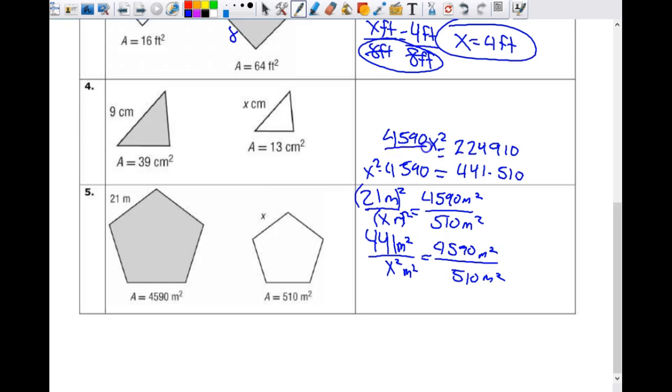Divide both sides by 4,590. When you divide them, it ends up being equal to 49. So we know x squared is equal to 49. What does x have to be equal to? 7.